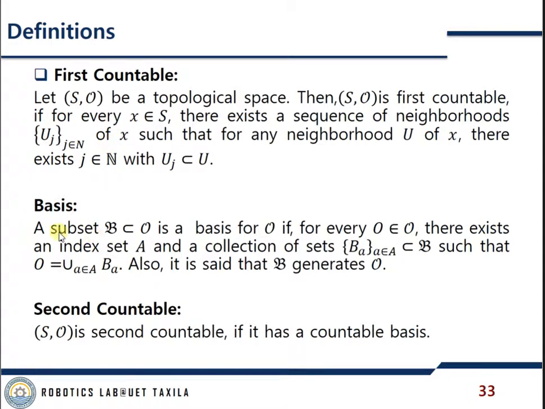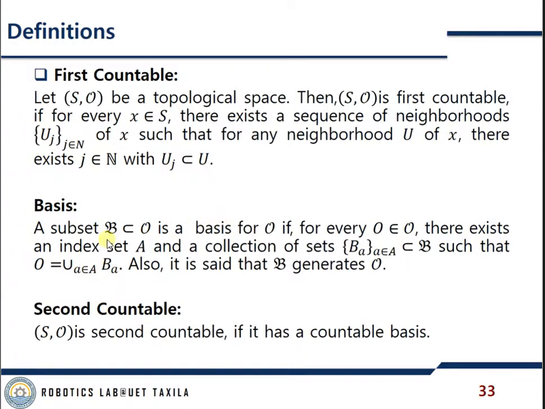Now the basis. A subset B of O is a basis for O if for every O that belongs to O, there exists an index set A and a collection of sets B_alpha, with alpha a member of A, which is a subset of B, such that O is equal to the union of all the B_alpha.